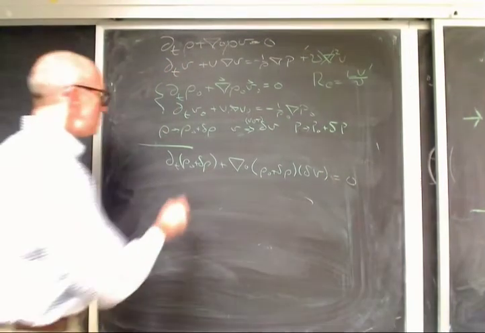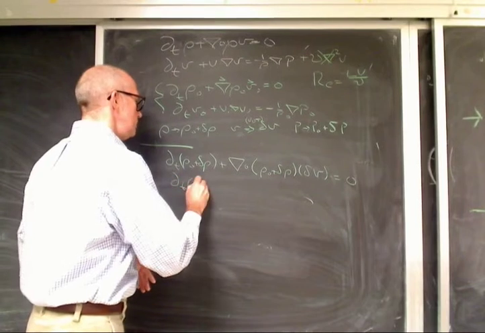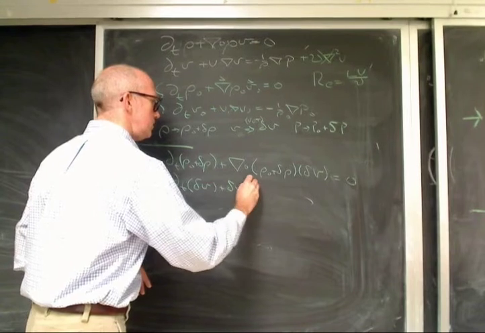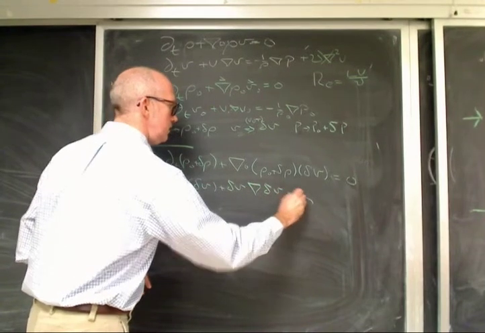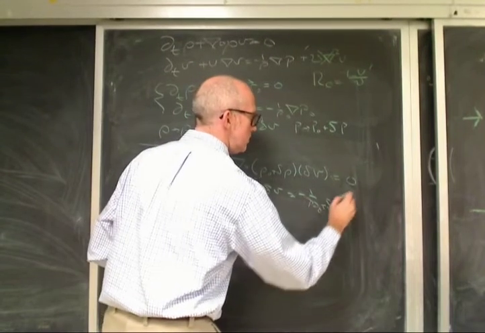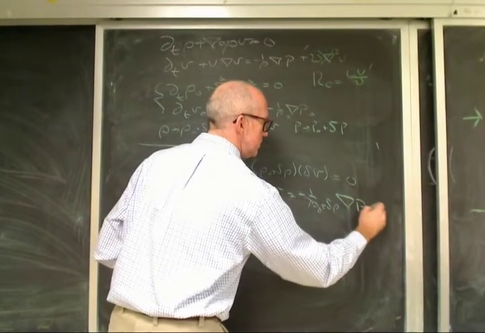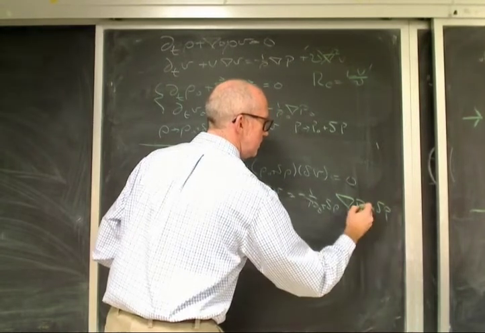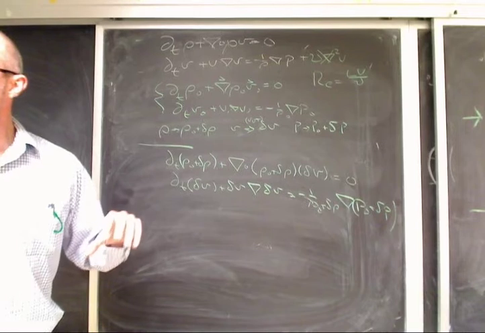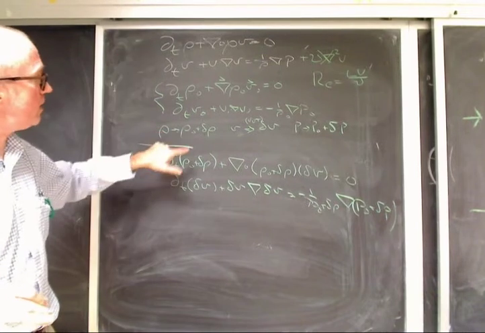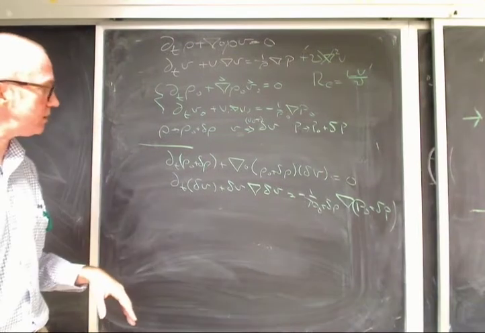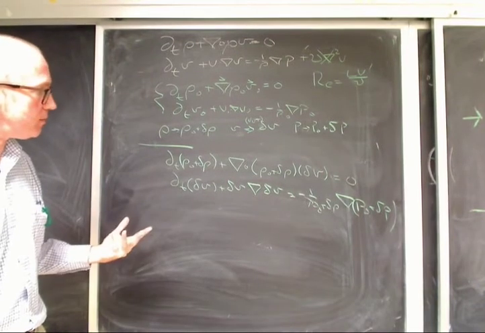And then the other one, Euler's equation: d delta v by dt plus delta v dot grad delta v equals minus 1 over rho naught plus delta rho, grad of p naught plus delta p. Okay, I didn't think about anything that I just wrote down. I just took the equation that I know and I plugged in these things. So this is just turn the crank on the machine. Then we got to think a little bit.